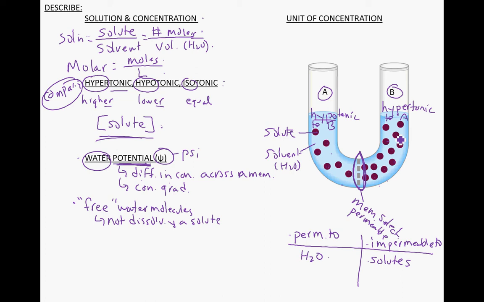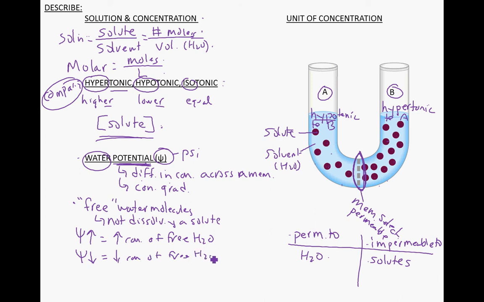So we can talk about water potential being high, meaning that there is a high concentration of free water molecules. If a solution is described as having a relatively low water potential, then there's a low concentration of free water molecules.